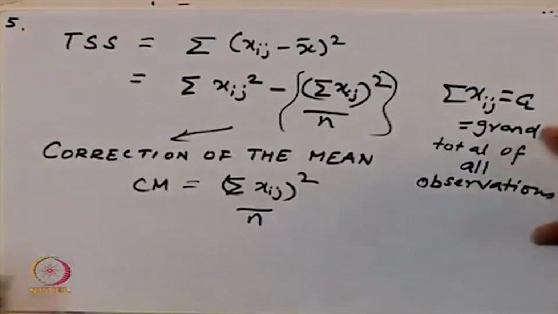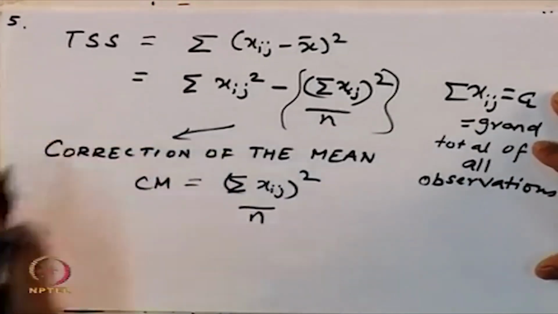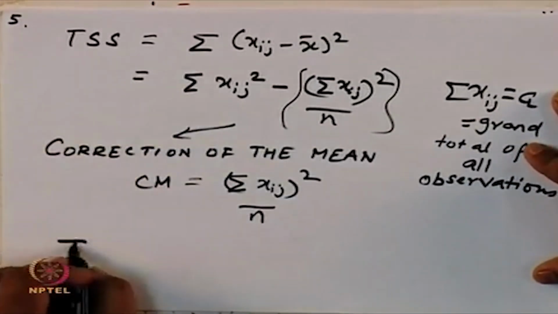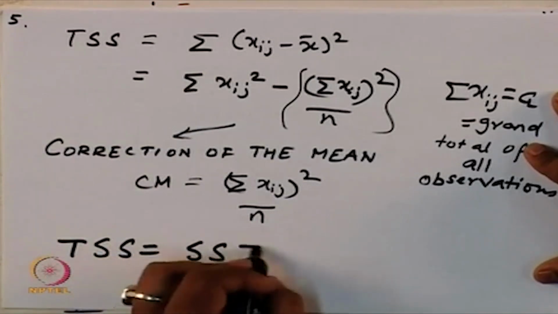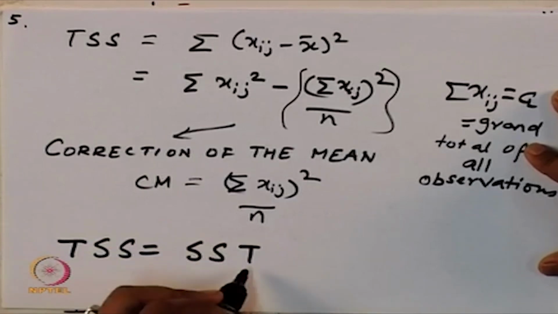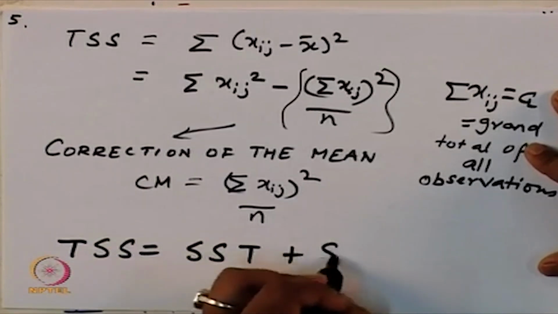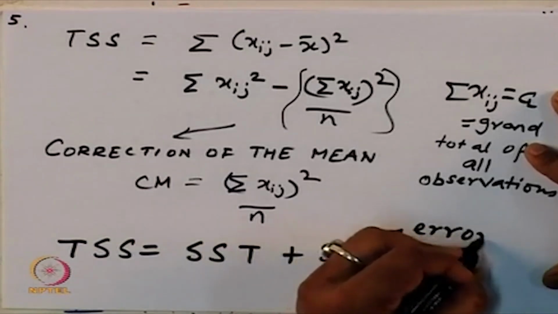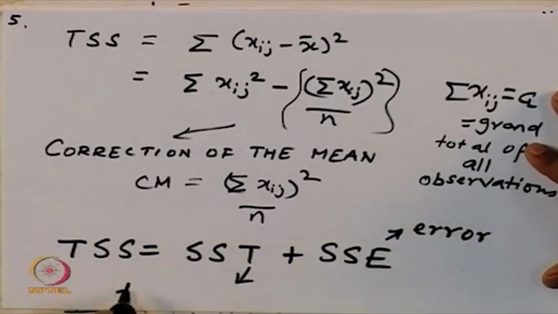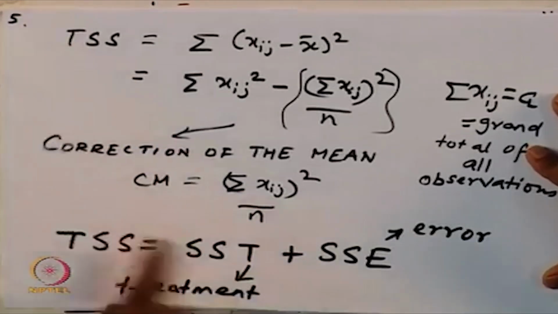Okay. Now, this total sum of squares is divided into two components. So, you write TSS is equal to one component called sum of squares for treatments and sum of squares for errors. So, E is for error and T is for treatment. Okay.